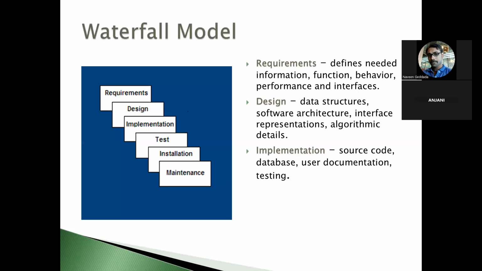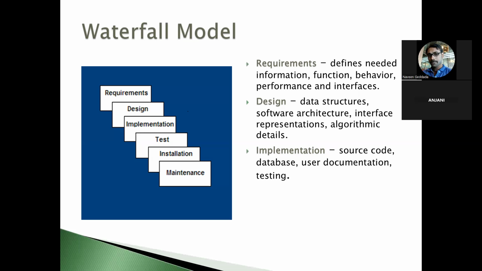Once the project is deployed into the market and you are providing support to the business, you will be providing a maintenance period of around 2 or 3 years to the project. In between that period, if the project has any issues, those issues will be handled by the maintenance team.